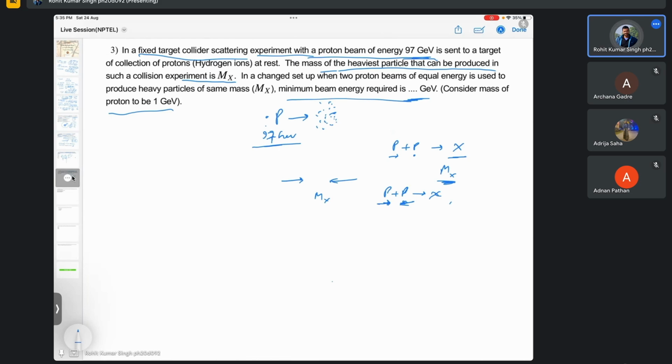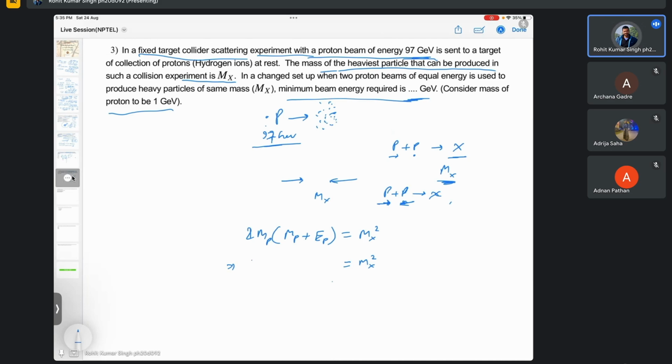So we have the formula for fixed target. What is given? mx is the same, and we take the mass of the proton.